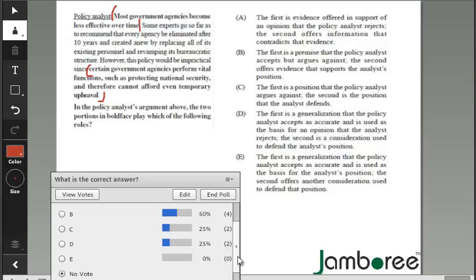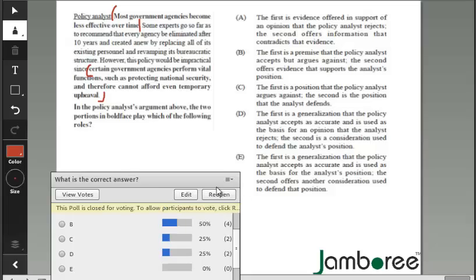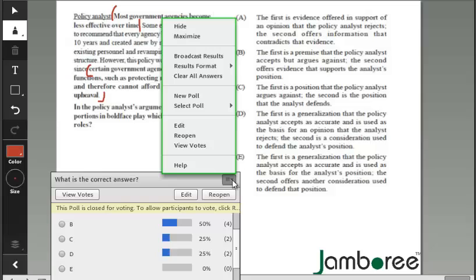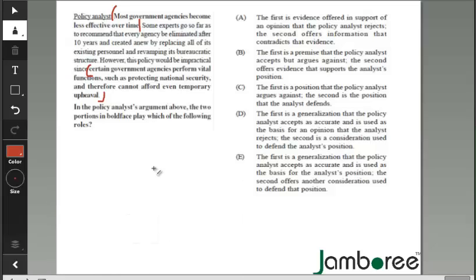Yes, everybody done? Okay. So let's read it. Most government agencies become less effective over time.